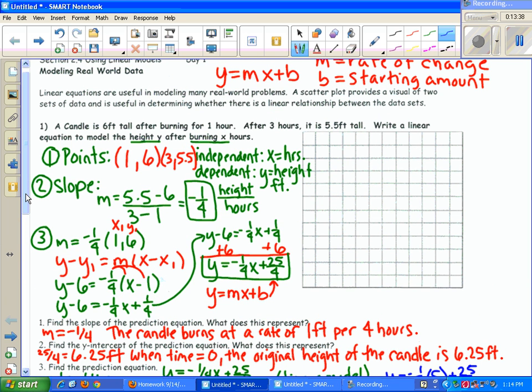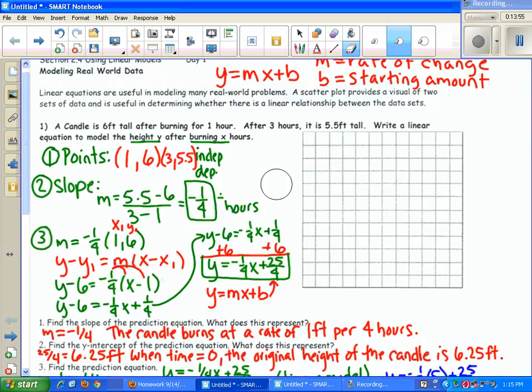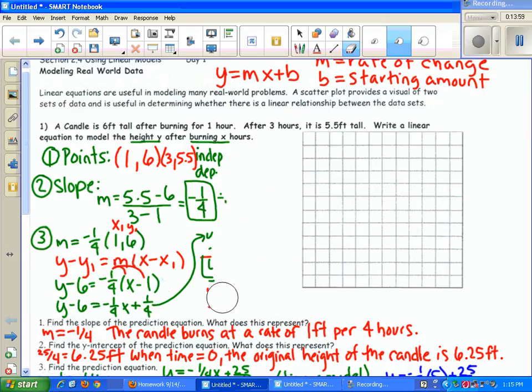So I'm going to go back up here to my graph. It's really important when you're graphing these to make sure that you are labeling everything. So I'm going to go ahead and erase some of the stuff that I have here so that I can better label my graph. You keep yours on your paper.